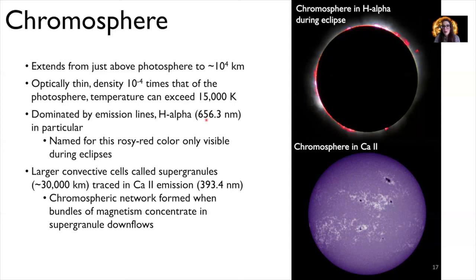So this is the red part of the visible spectrum. And so the chromosphere, chromo means color. So you can see this part of the sun's atmosphere in color whenever we have a total solar eclipse, when the moon passes directly between the sun and the earth. So here is the reddish hue of the chromosphere seen during an eclipse.